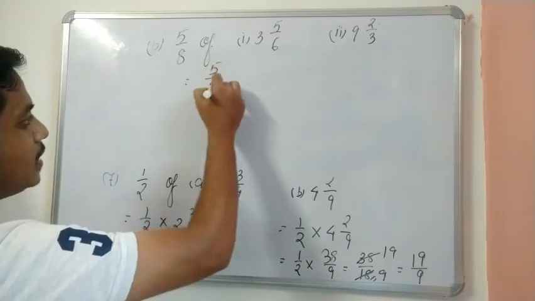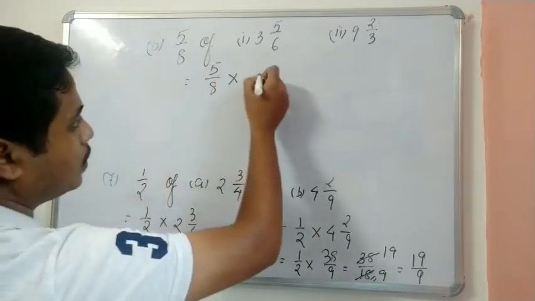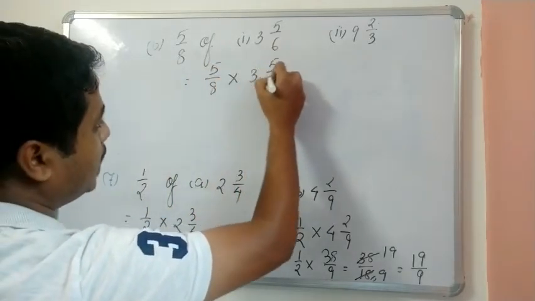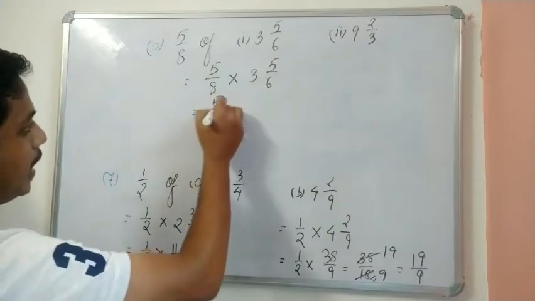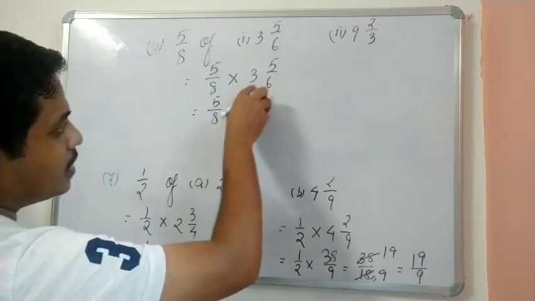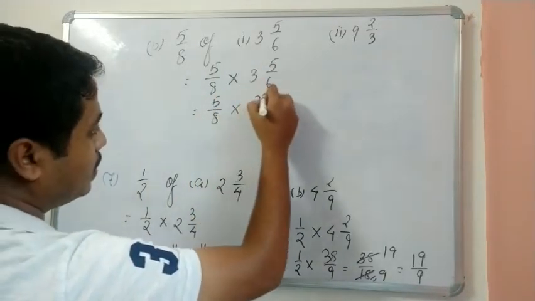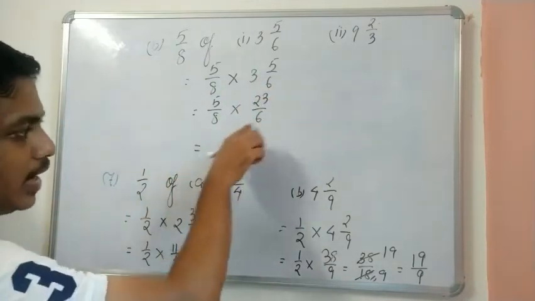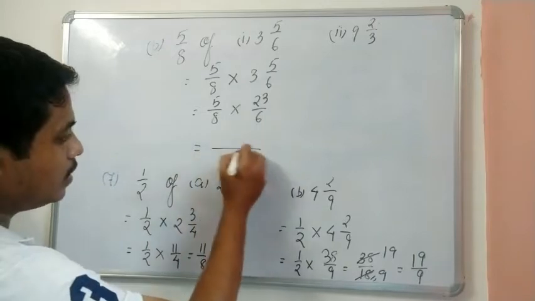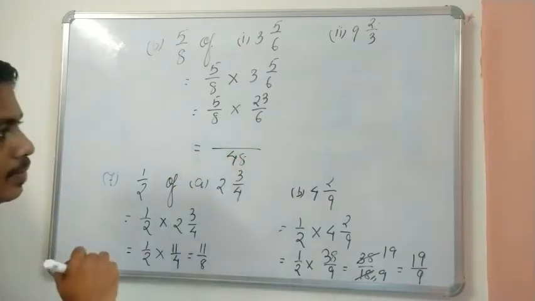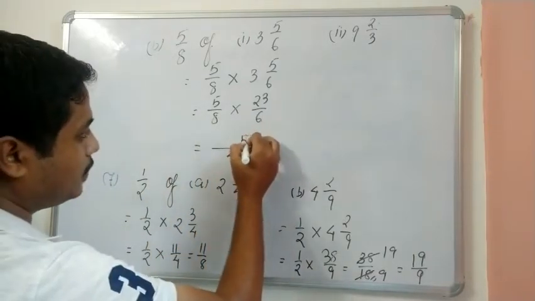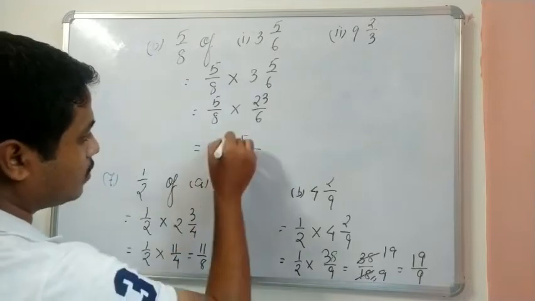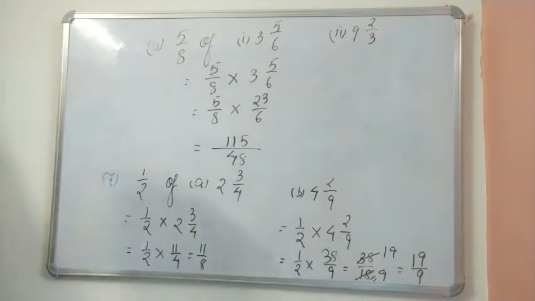5 by 8 into 3 5 by 6. 3 6s are 18, 18 plus 5 is 23, so it is 23 by 6. Next, 8 6s are 48, so the denominator will be 48. Then 5 into 23 is 115, so it will be 115 by 48.